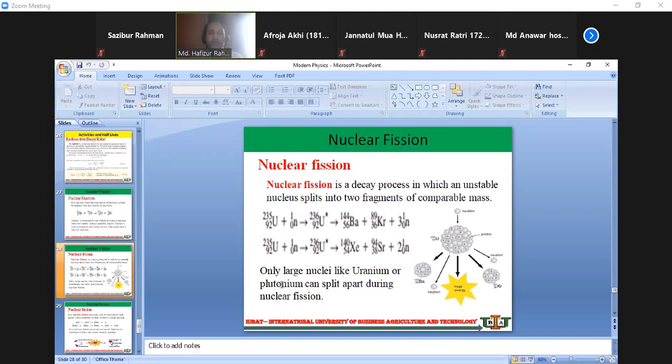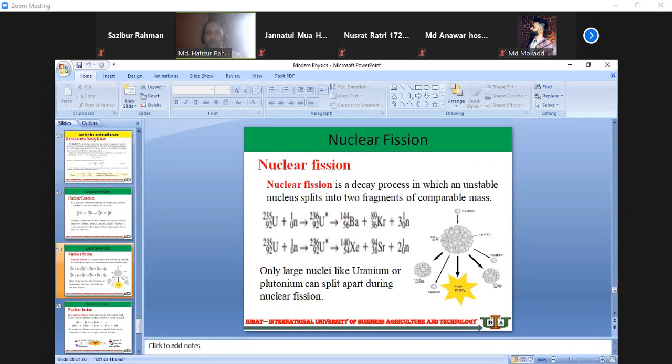Here basically what happens, large nuclei like uranium or plutonium can split apart during fission. So in fission, only very large, radioactive nuclei go through fission reaction.